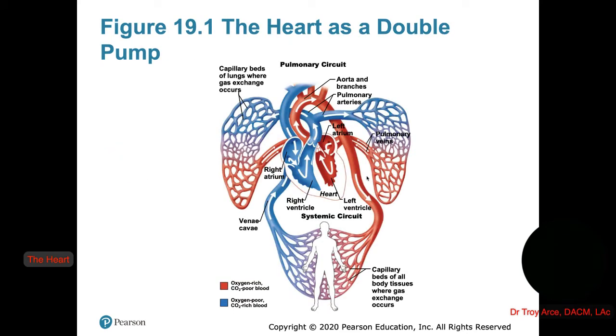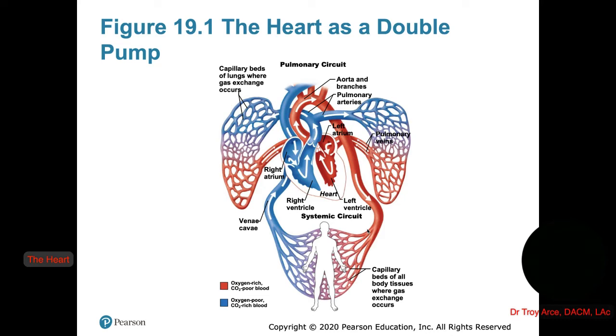Looking at this diagram, as you can see, you can follow it. The left atrium and the left ventricle. The left ventricle pumps out through the top of the aorta and reaches down to the systemic circuit, which your body uses for all that oxygen, all the way down to where they reach the capillary beds, where the oxygen has been released.